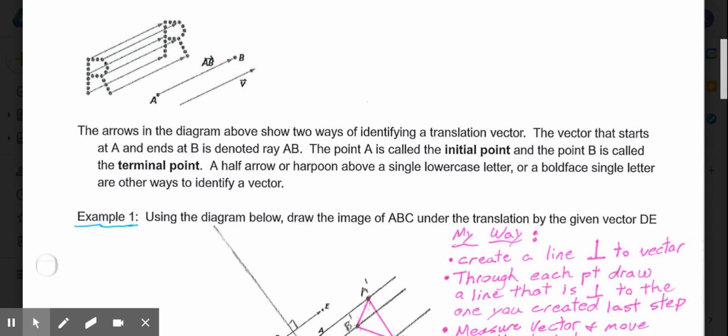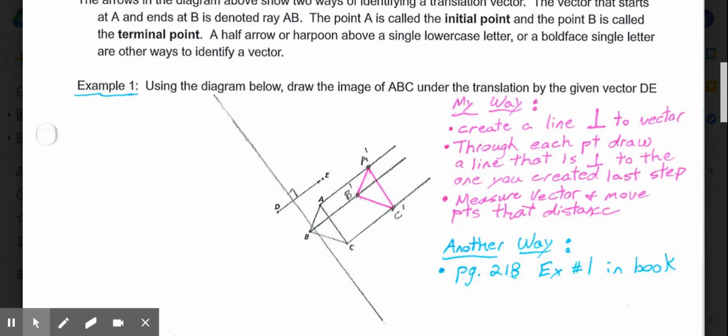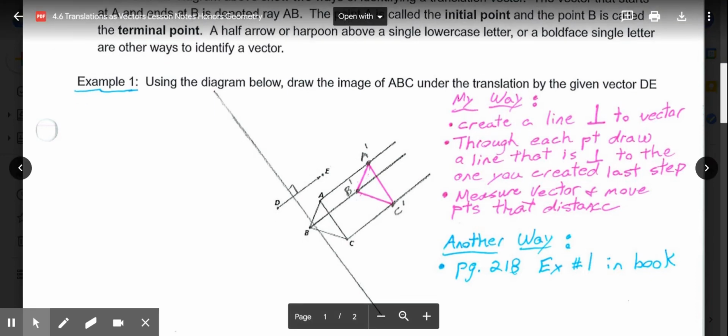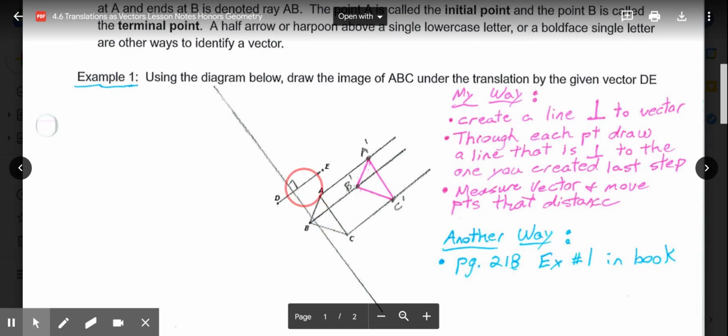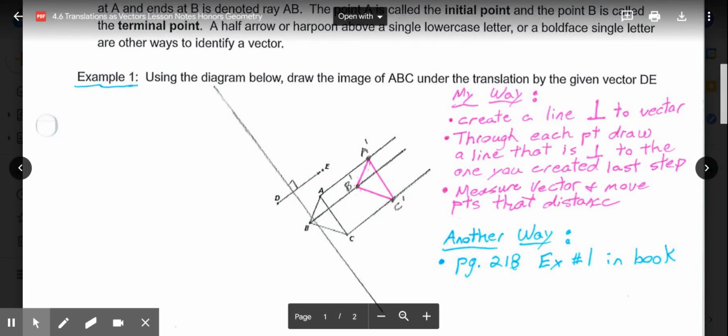So there's a few ways that we can do this process. Using the diagram below, draw the image of ABC under the translation given by the vector DE. So they gave us original triangle ABC, and they gave us vector DE. I'm going to explain to you how I did the rest of this drawing.